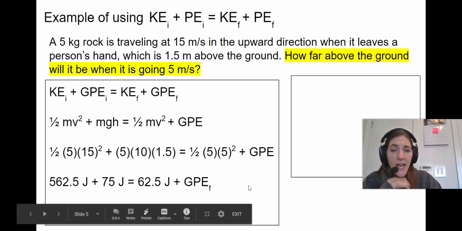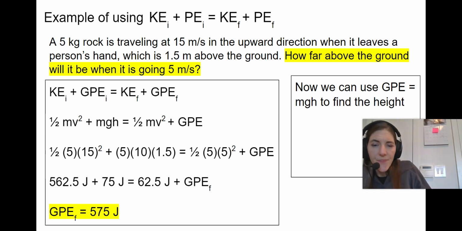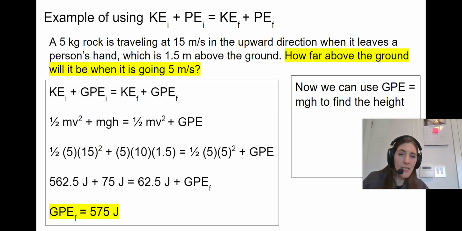So if I want to find my gravitational potential energy, oops, sorry. It's going to be 562.5 joules plus 75 joules, which gives me the initial mechanical energy. And then if I subtract 62.5 joules, it will give me my portion at the end, which is gravitational potential energy.